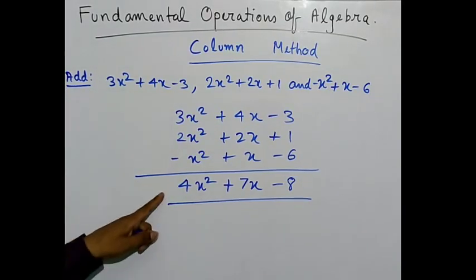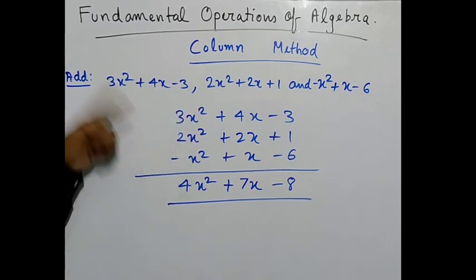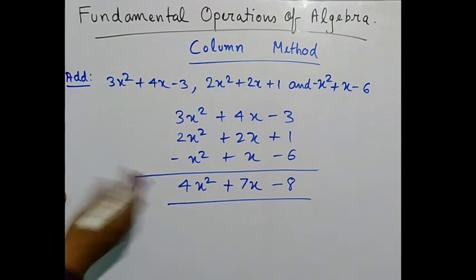And this was the answer for this algebraic expression in the horizontal method as well, right? So it saved time and helped us find the answer easily. So you can use either of the methods.